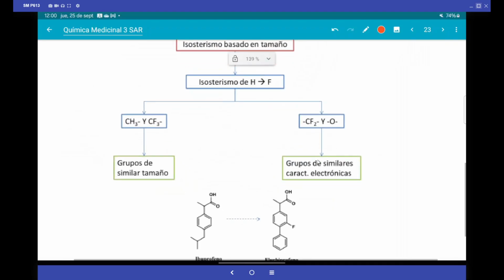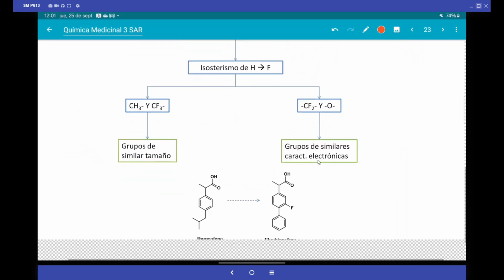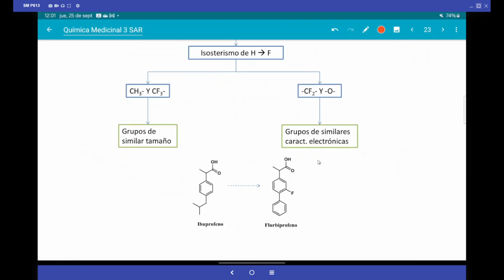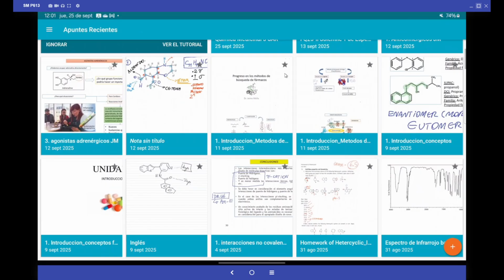And if what interests us is only the size, to replace a group with another similar one by size, we have several examples. The first case, hydrogen similar to fluorine, are the only two that are similar in size in the entire periodic table. Remember the values we had seen, the atomic radius values, when we saw the halogen bond and intermolecular interactions.